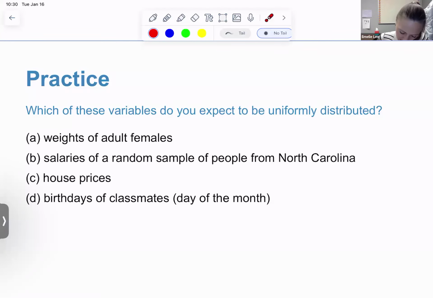Okay. But let's talk about the weights of adult females. Now, it's kind of a phenomenon that things like weight and height and all these things, any sort of measurement, usually follow a normal distribution. So I'm just going to tell you that it usually looks like a normal distribution.